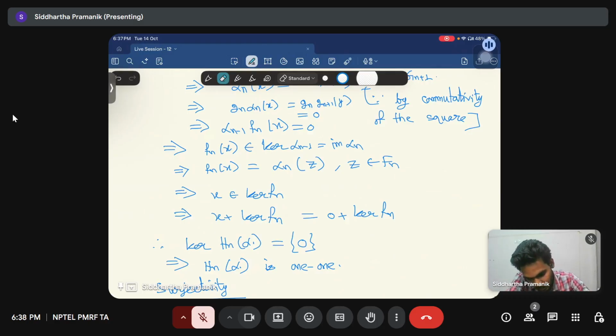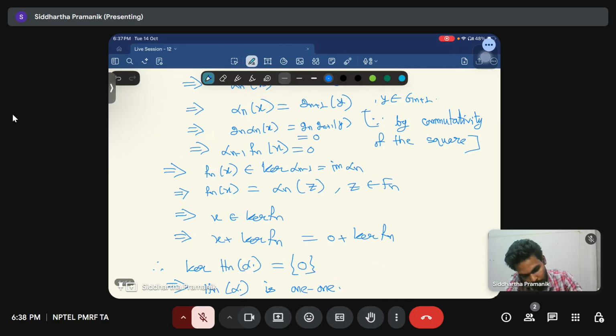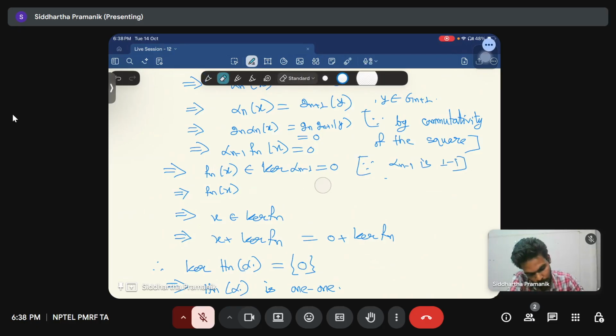Okay, so here this is itself 0. Oh, sorry. This is 0. We are right because alpha_{n-1} is one-one. So this will imply f_n x is 0.